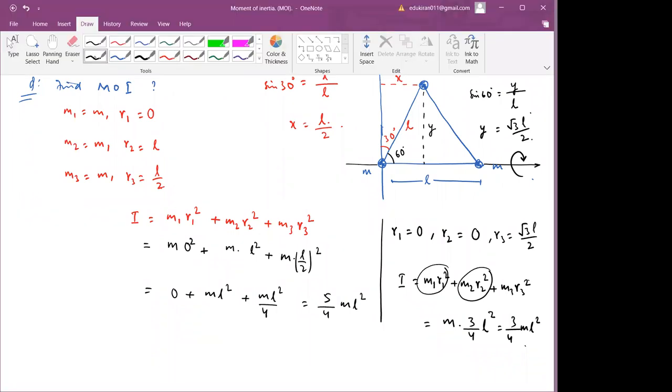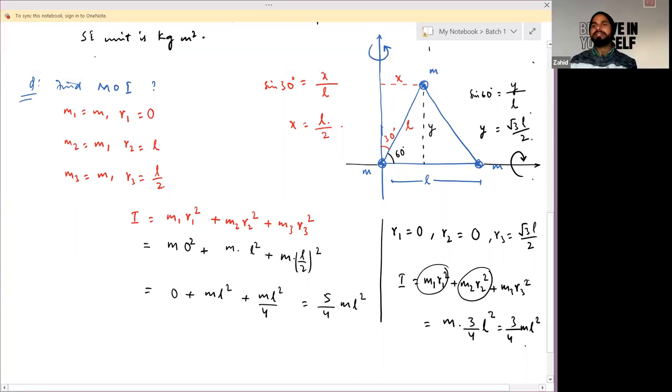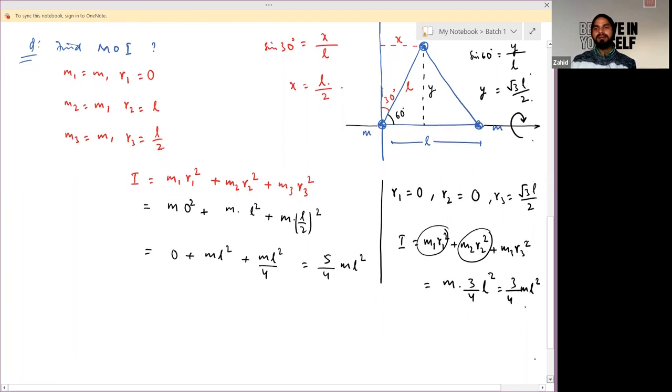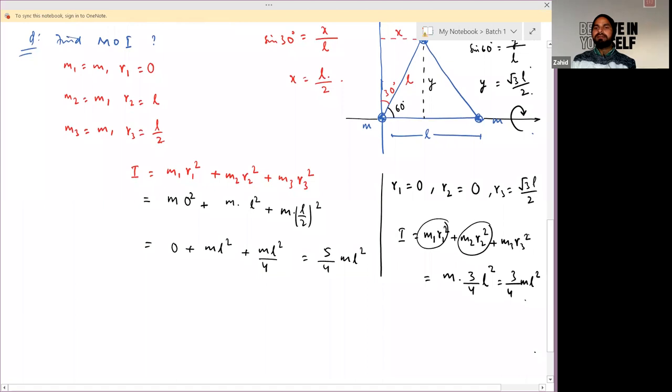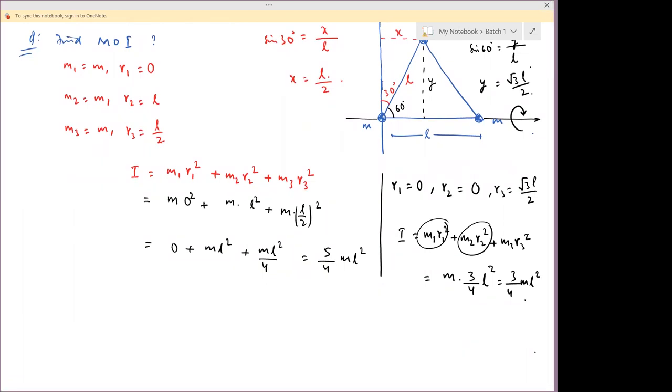So from this, we can conclude that moment of inertia depends upon the axis of rotation. If you change the axis of rotation, its value will change. Salman, do you have any doubt? No, sir. Okay.